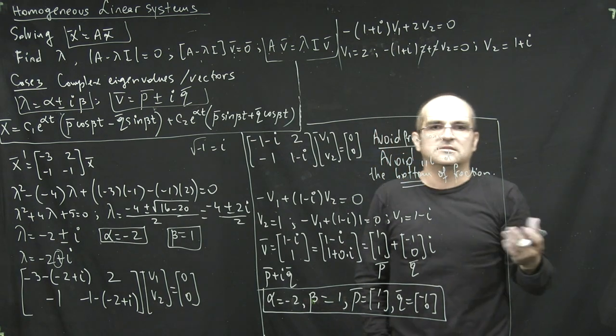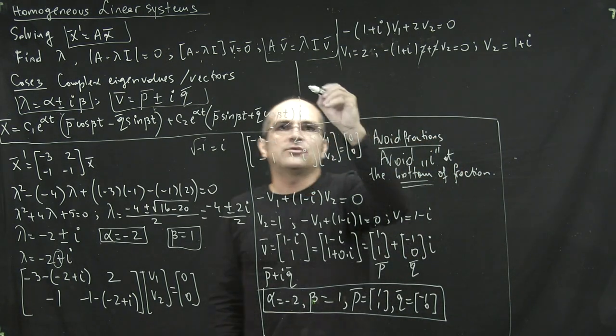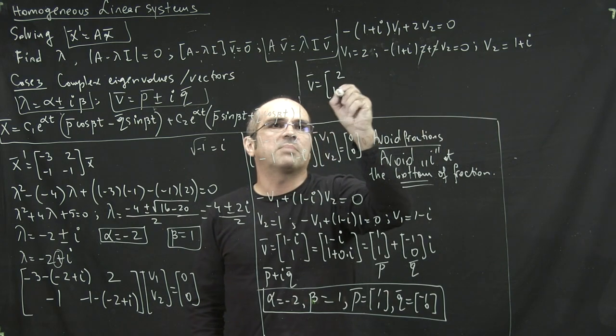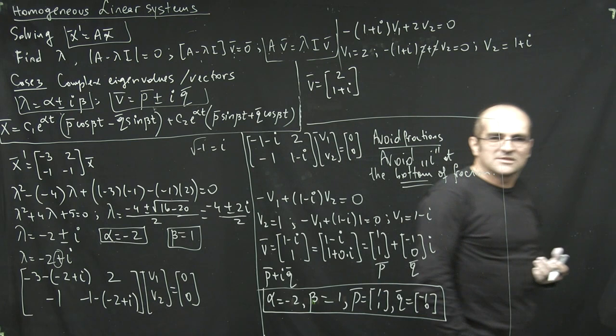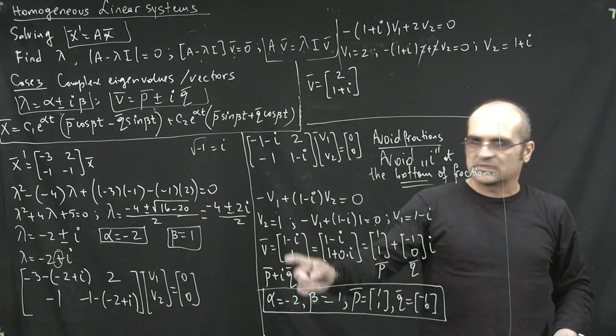That's the nicest combination. So your eigenvector in this case will be 2, the first entry, and 1 plus i, the second entry. That's why the solution looks quite different, because this i can happen at the first or the second component.